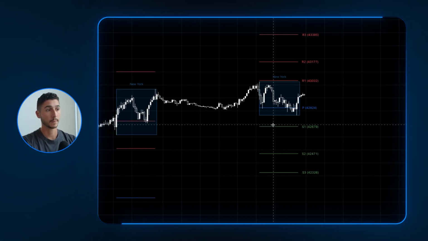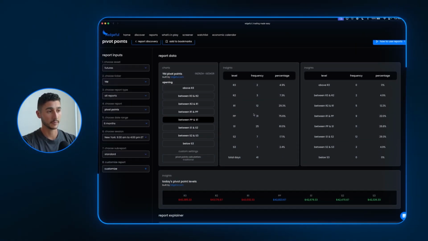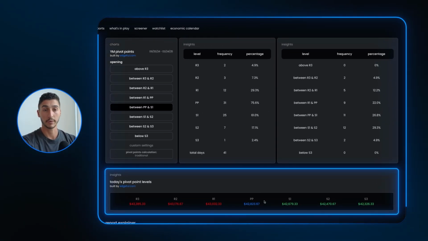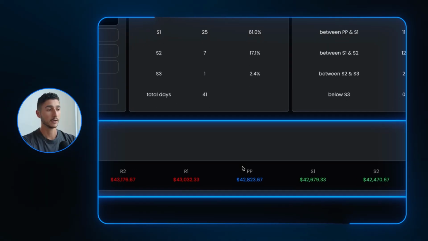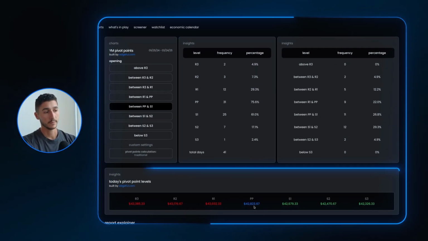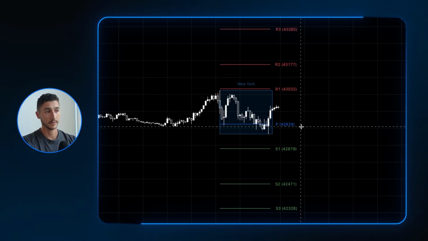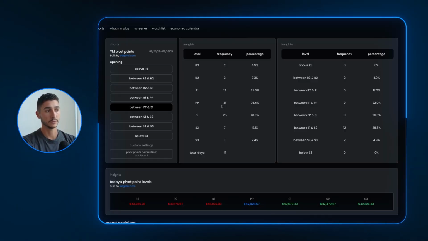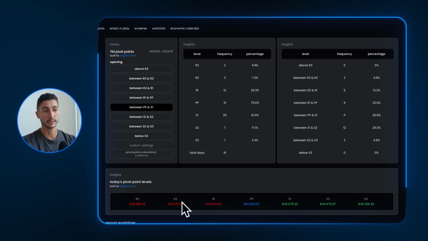So in this case, you can see here all the pivot points, and we also have them only for today. These are the relevant ones, like for the price action you'd be trading right down here. So you can see pivot point on YM today, 42,823, 42,824. This is just rounded out. And you can see up here, 43,032, 43,032, et cetera.